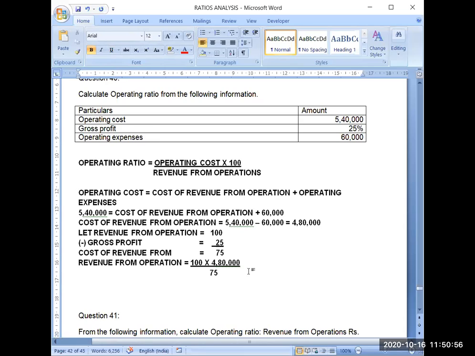Now if I solve it, I can cut 175 by 25 easily. 25 times 4 is 100 and 25 times 3 is 75.